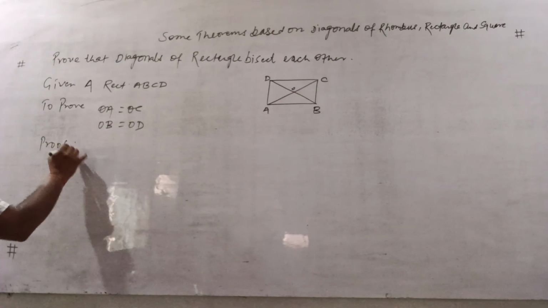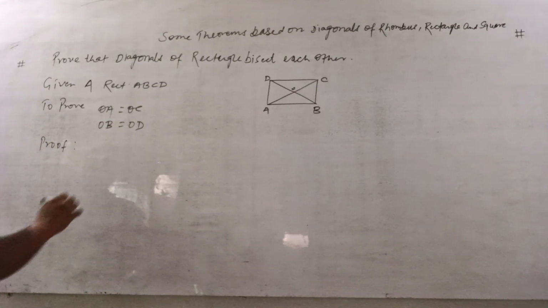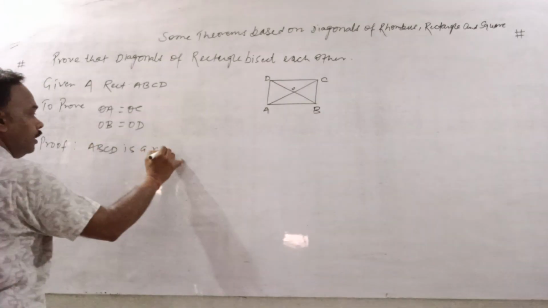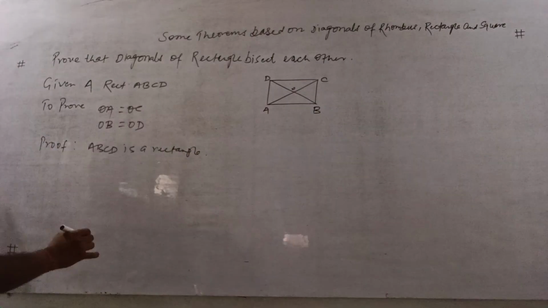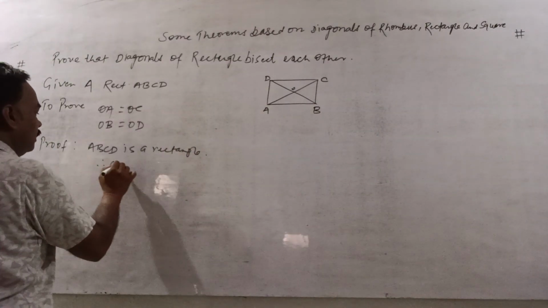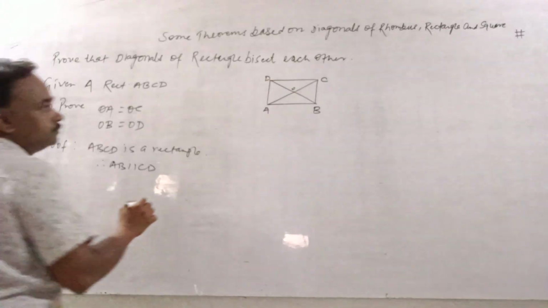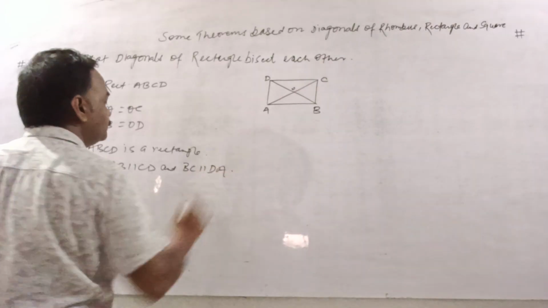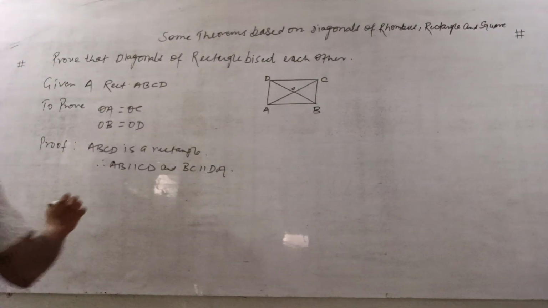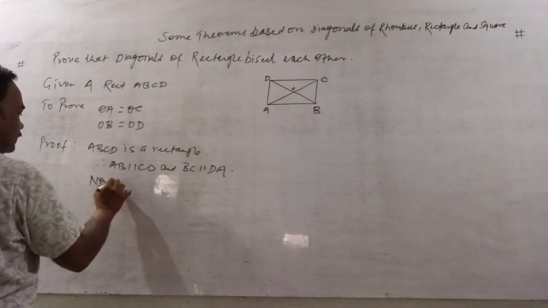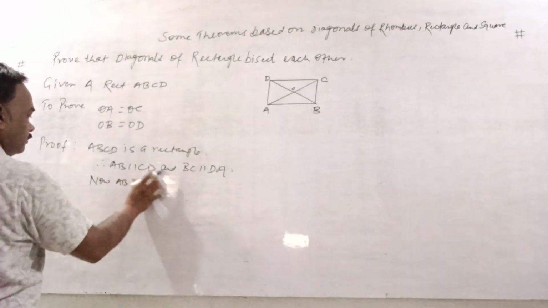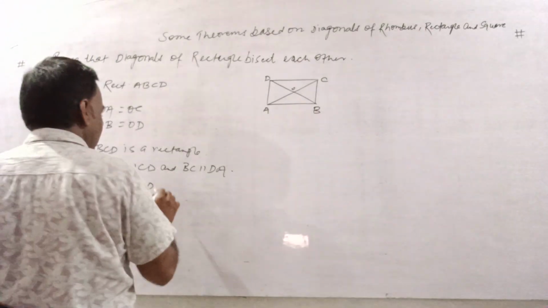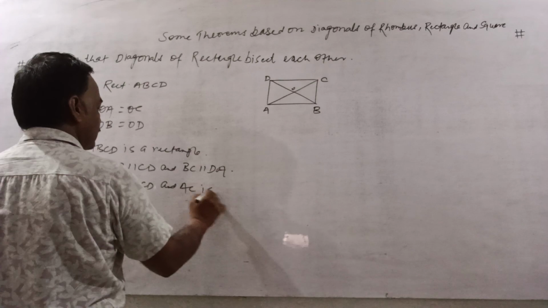Proof. ABCD is a rectangle. Therefore, AB parallel CD and BC parallel DA. Now AB parallel CD and AC is transversal.